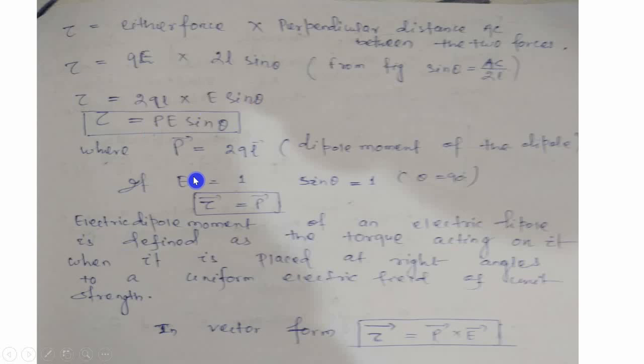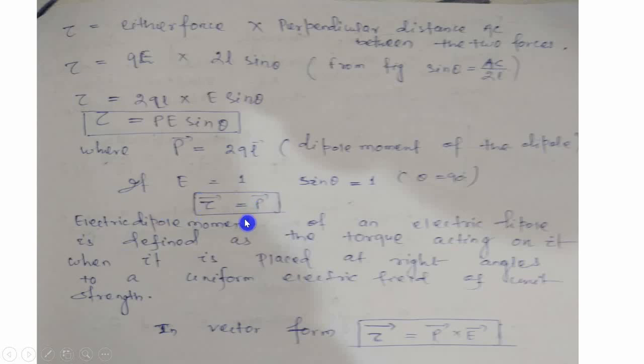We know AB sin theta equals A cross B, so it can also be represented as tau equals p cross E. If the electric field intensity is unit 1 and theta is 90 degrees, sin theta becomes 1, so tau equals p. That means tau is the torque and p is the electric dipole moment.